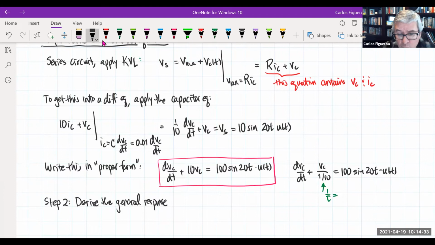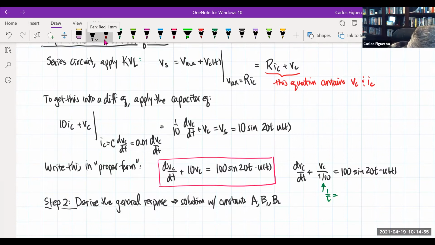When I say general response, that means you have a solution with constants A, B1, B2, and these constants have not been solved for. So we want to derive the general response to the best of our ability. So here we go.